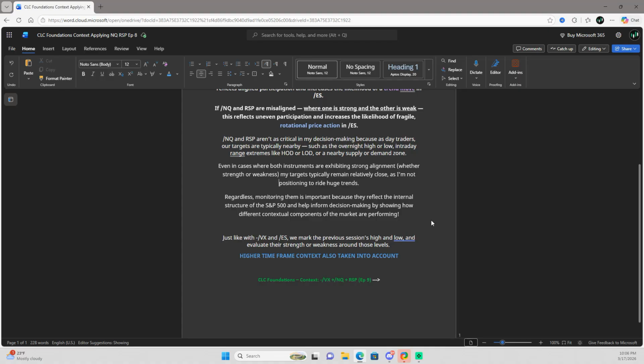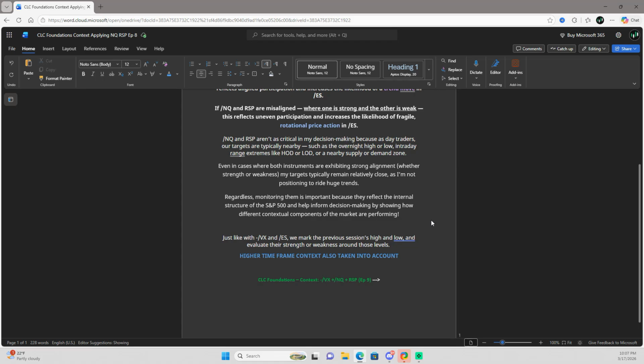Then price pulls back into demand. Let's say that RSP is also strong, but let's say that the NASDAQ is just super weak. Like the NASDAQ cannot catch a bid and it cannot sustain any pop to the upside. This is really going to weigh down on ES.